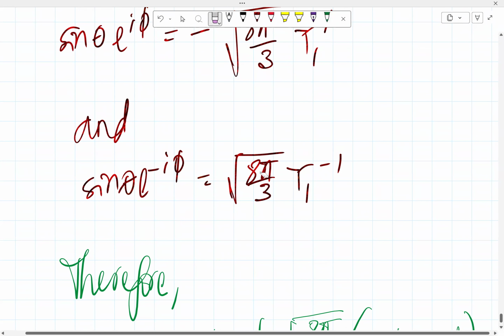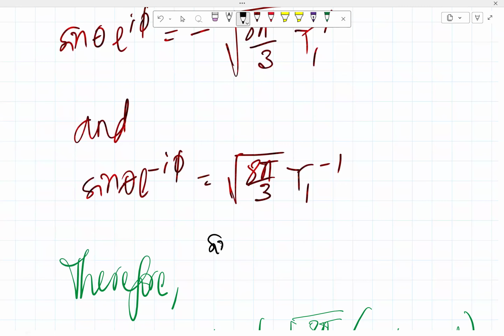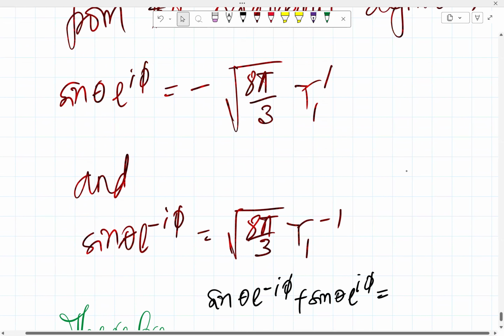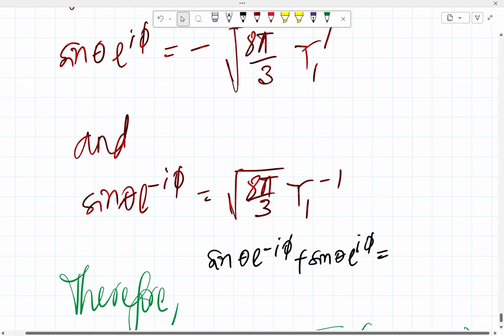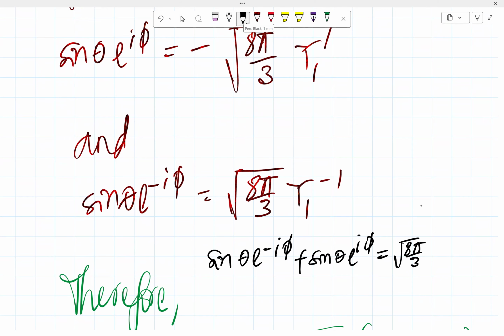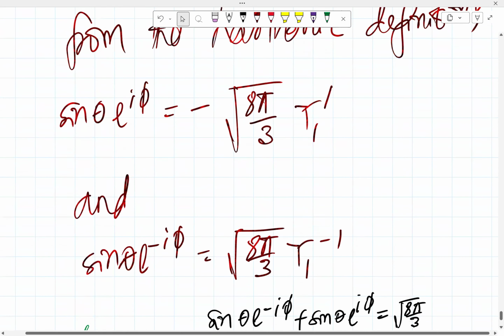Okay, let me use another color. So you have sine theta e raised power minus I phi plus sine theta e raised power I phi, you know, equals, so add these two now. That's square root of 8 pi over 3, you know. So this is positive, then this is negative.